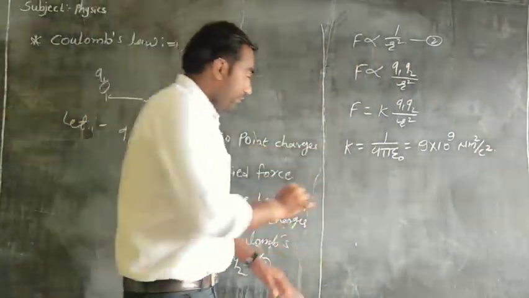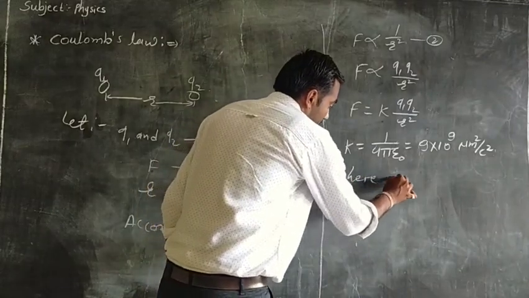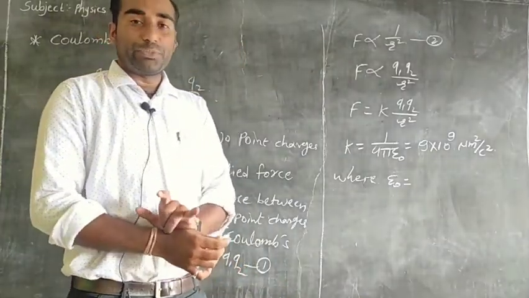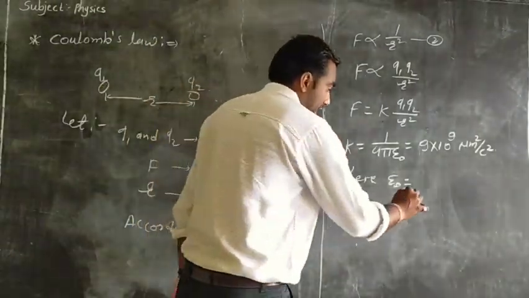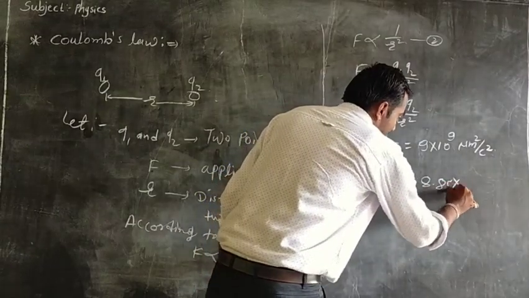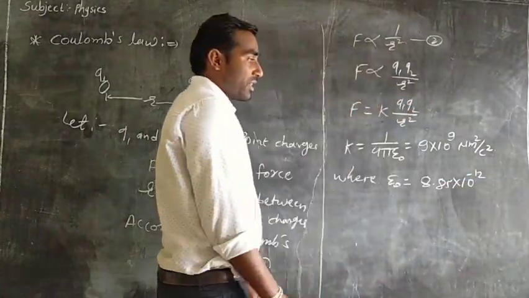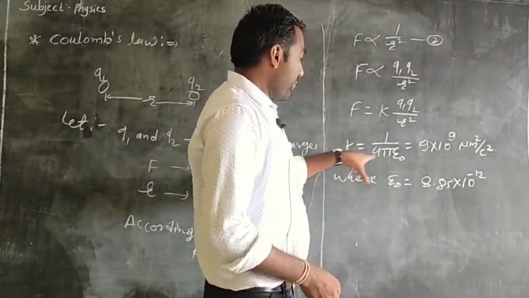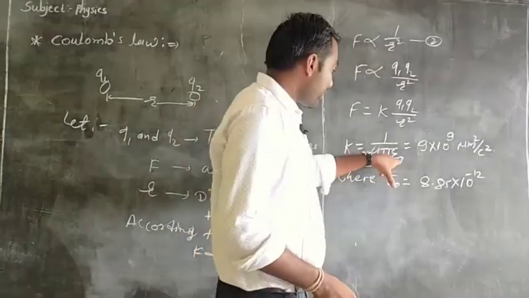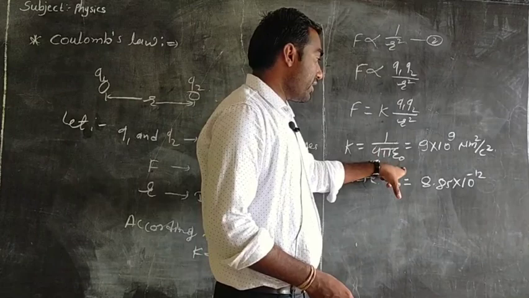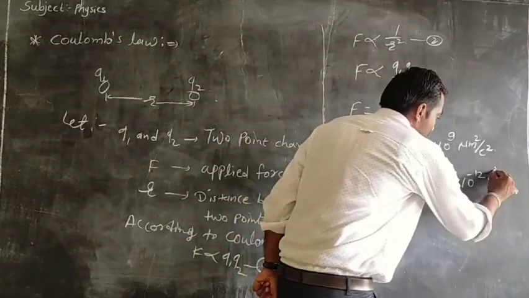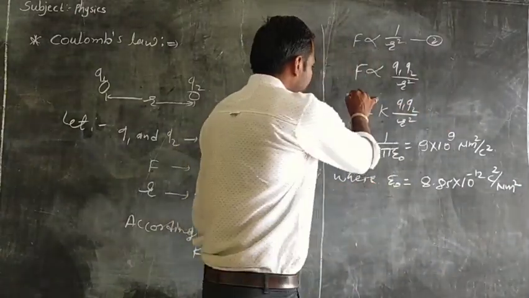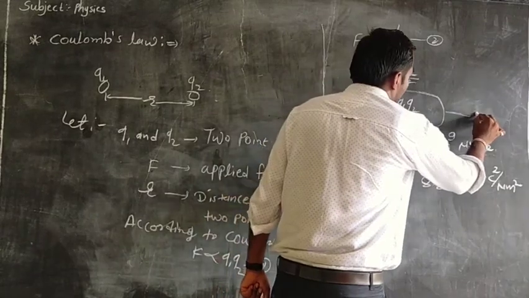Here epsilon naught is the permittivity of free space, and its value is 8.85 into 10 to the power minus 12. Its unit is Coulomb square per Newton meter square. This is Coulomb's law.